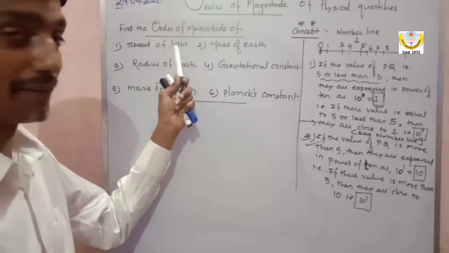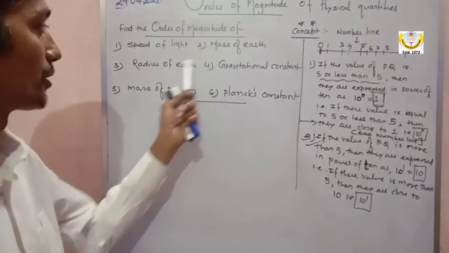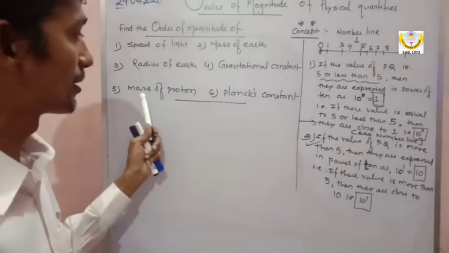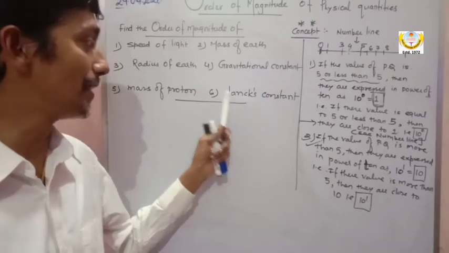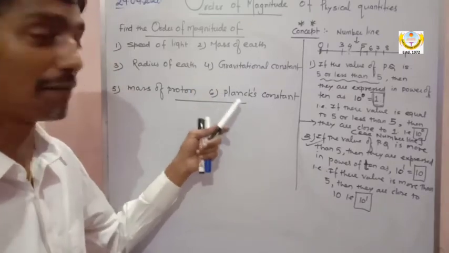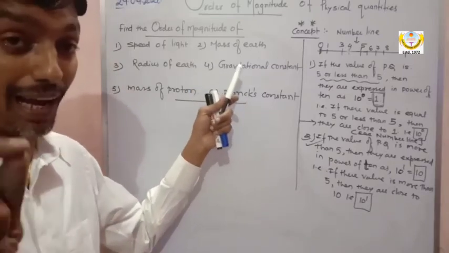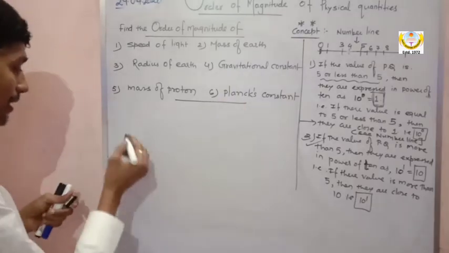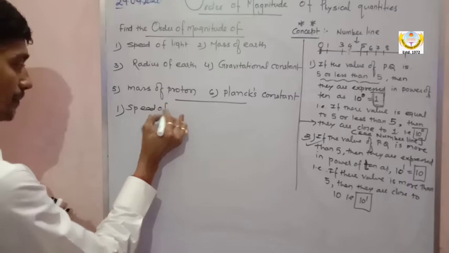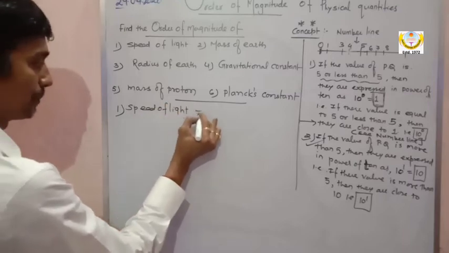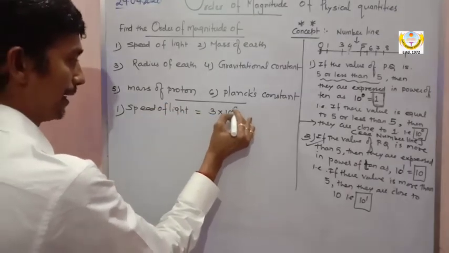But now look, they have given this in words: speed of light, mass of earth, radius of earth, gravitational constant, mass of proton, Planck's constant. This way, my dear, the order of magnitude will differ unless I know the values first. So let's start with the first example, the speed of light. Now you all know that the speed of light is 3 into 10 power 8 meter per second.